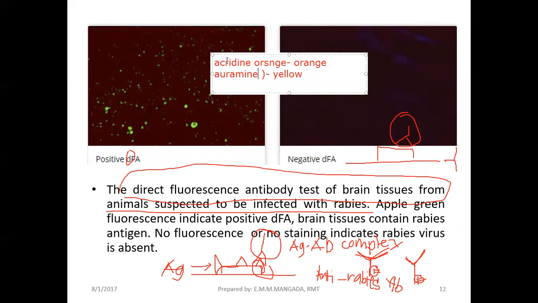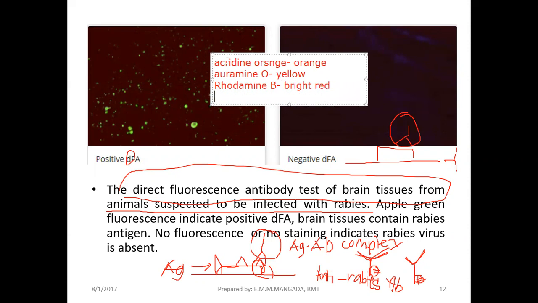Auramine O. Okay, yellow fluorescent siya. We also have your rhodamine B. So, ang kulay ni rhodamine B, we have bright red. And then last, we have your fluorescein isothiocyanate, or this is sometimes called FITC.